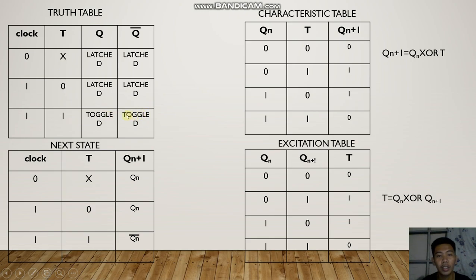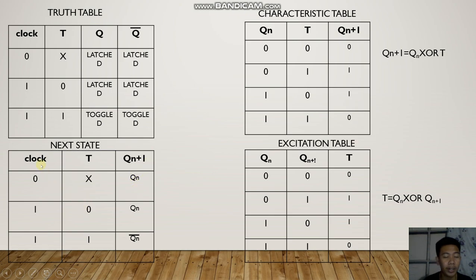So we have here our next state. If our clock is 0 and our T or toggle is a don't care state, our Qn plus 1 is equal to Qn.